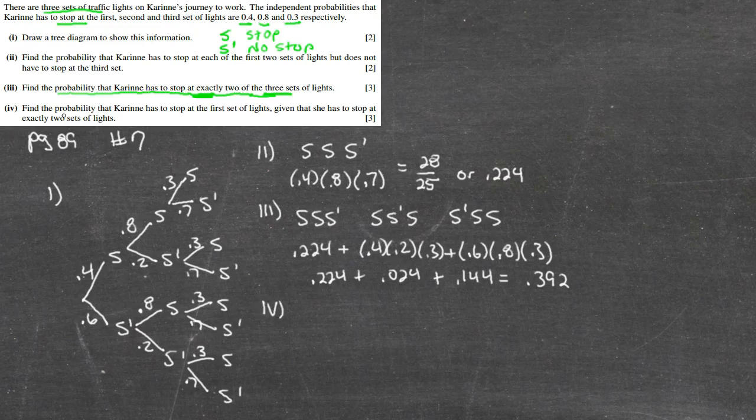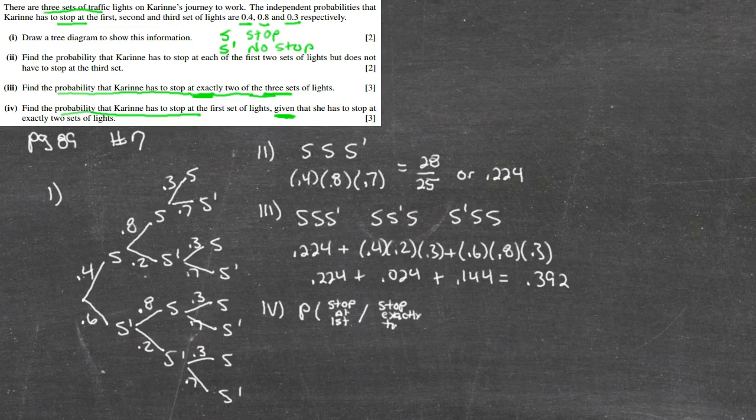All right, so 4. In 4, find the probability that Cariann has to stop at the first set of lights, given that she stops at exactly 2 lights. All right, so let's write that down with the formula. That's the probability that she stops at the first light given that she stops exactly twice.